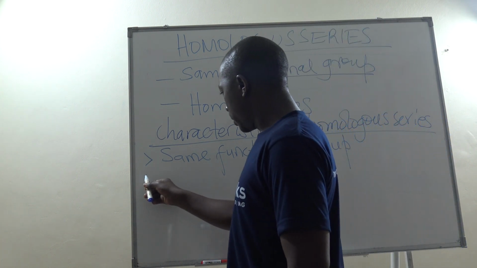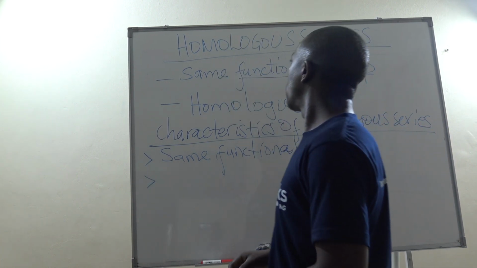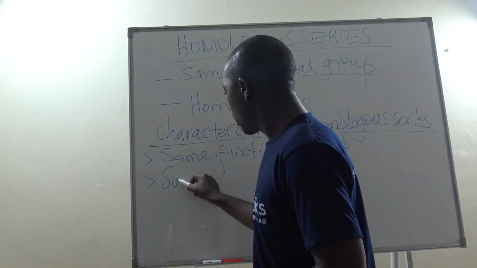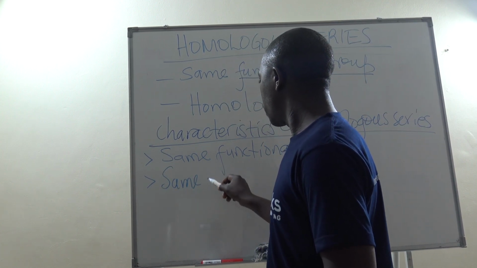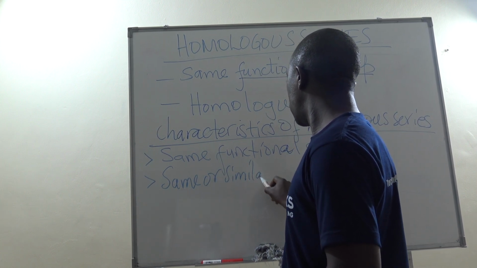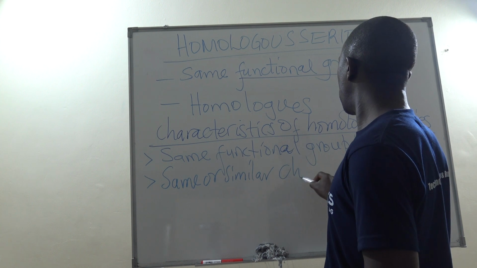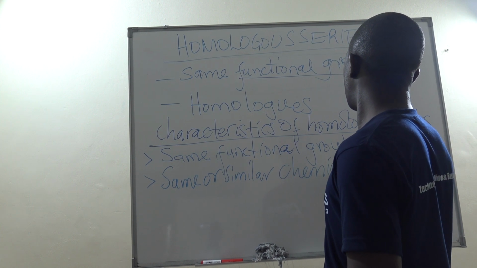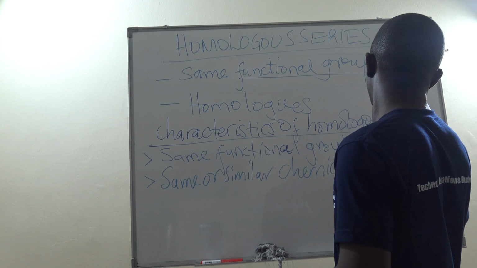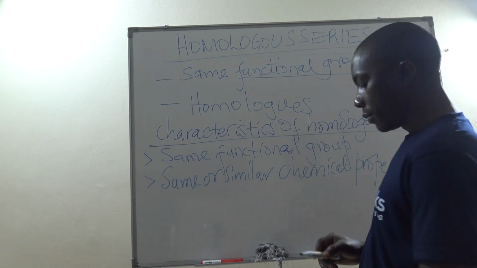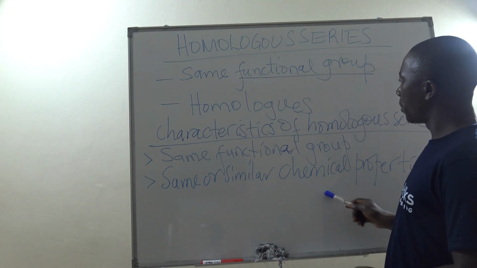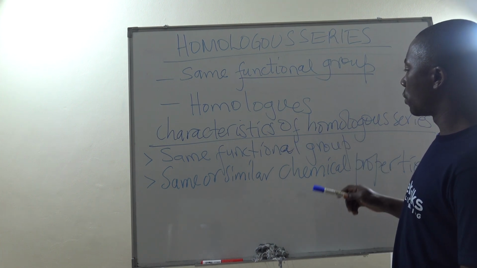Now, these homologous series have the same, or somebody can say similar, chemical properties. Of course, similarity in the chemical properties is because of the functional group.